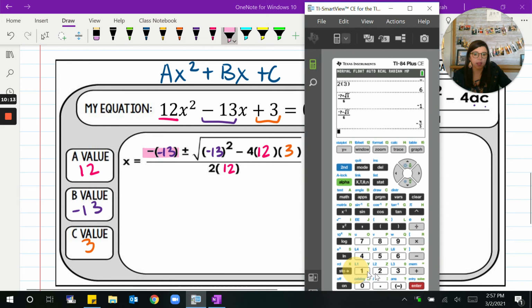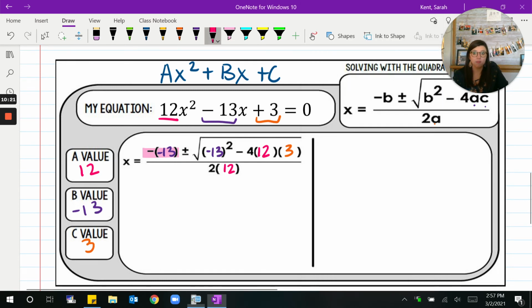So I'm going to plug in negative parentheses, negative 13, enter, and I get positive 13 plus or minus the square root, and I type in all of this that's under.